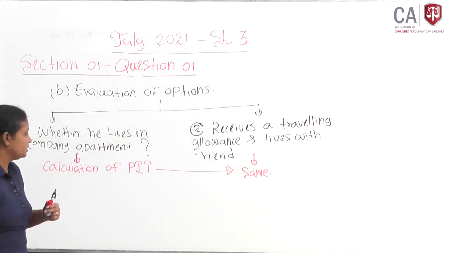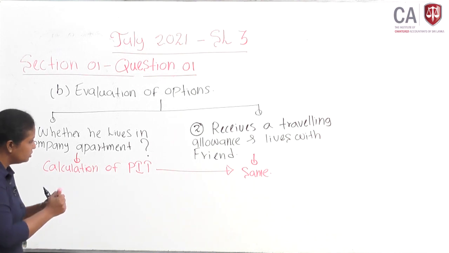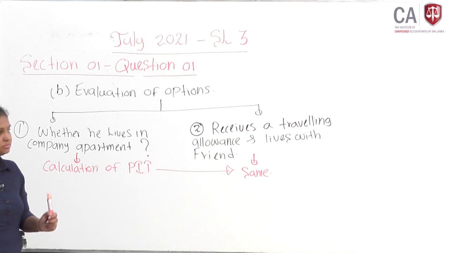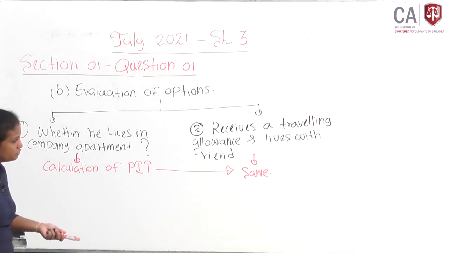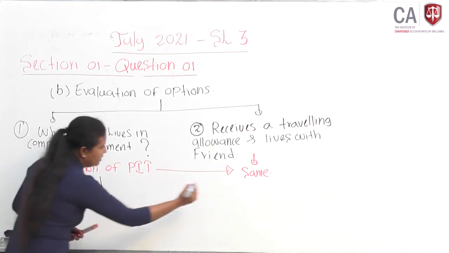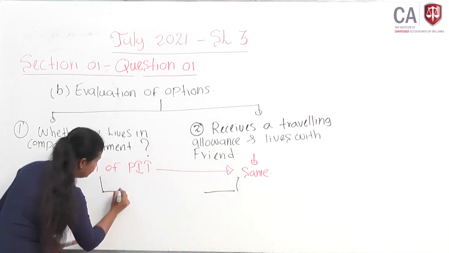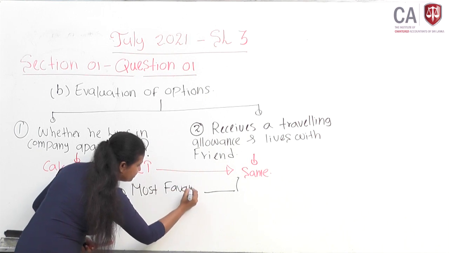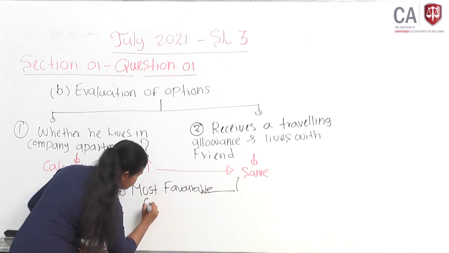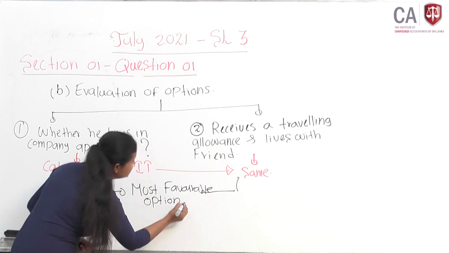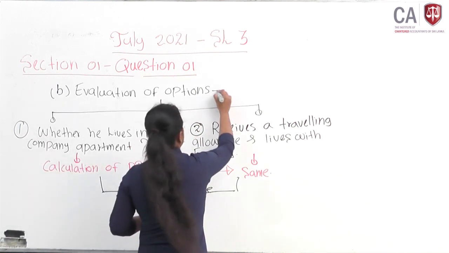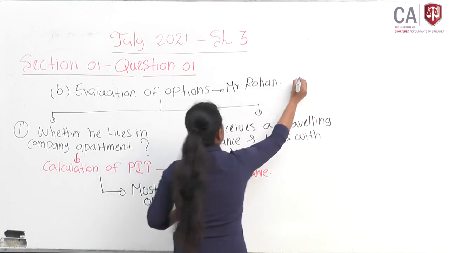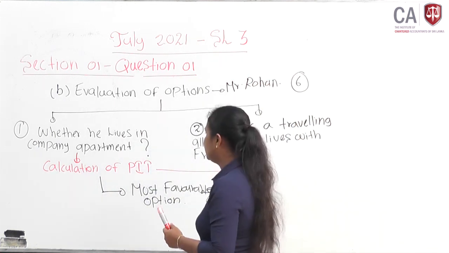Then you have to compare these two answers. Comparing 1 and 2, you need to go for the most favorable option to the taxpayer, Mr. Rohan. This is your requirement for the 6 marks.